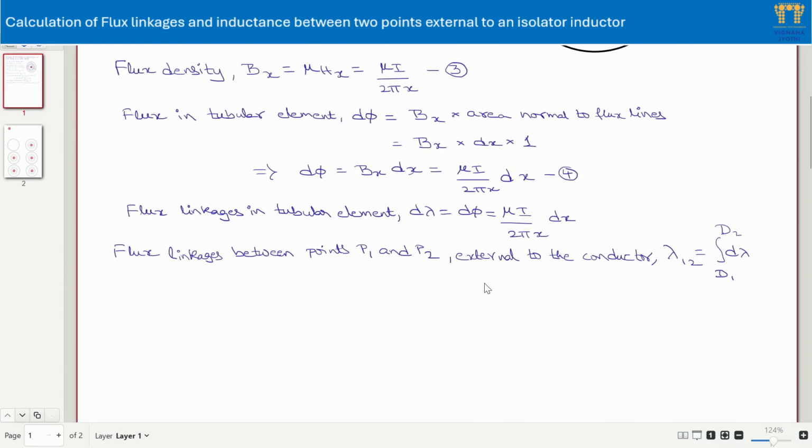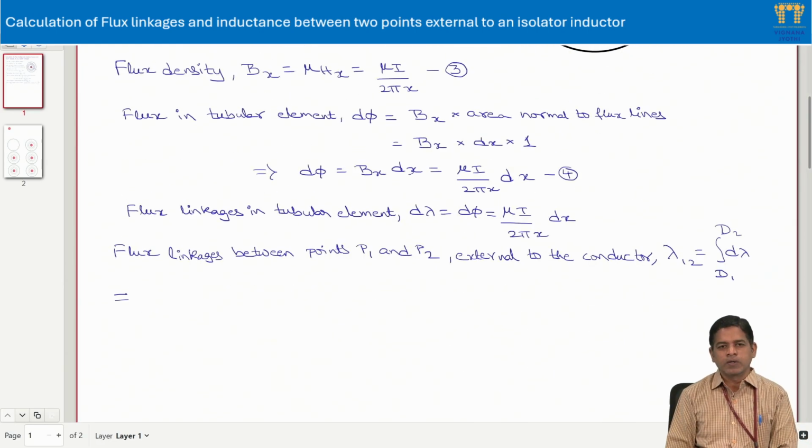So now let's integrate it. So it implies lambda 1 2 will be equal to integral of d lambda, which is mu I by 2 pi x into dx between points d1 and d2. So mu I by 2 pi is a constant with respect to x. So I can take it out of the integral. So this will be mu I by 2 pi integral of 1 by x dx.